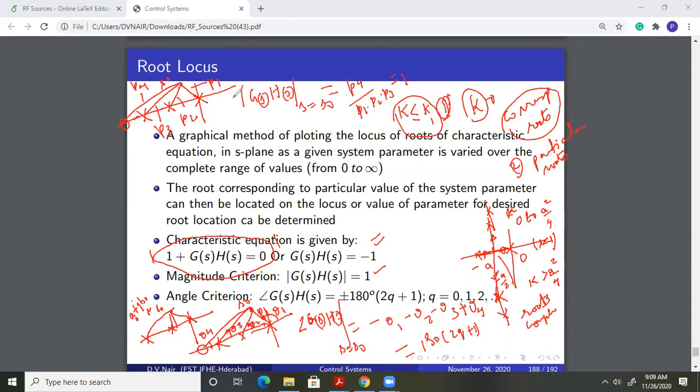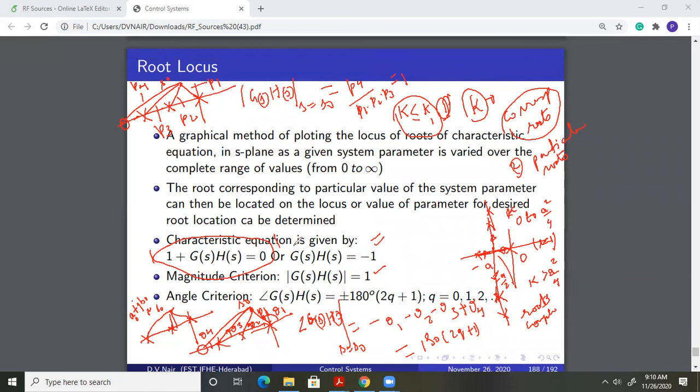We now have the two criteria, magnitude criteria and angle criteria, that allow us to know if a point in the s plane falls on the root locus or not. Because all points that satisfy 1 plus G(s)H(s) equal to 0 will also satisfy G(s)H(s) equal to -1.